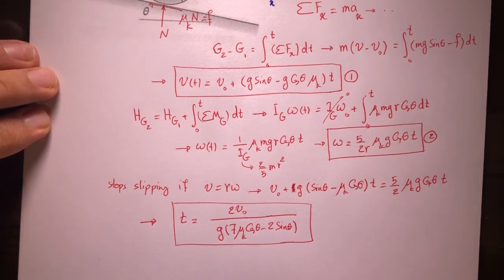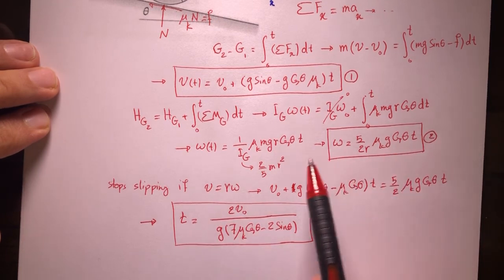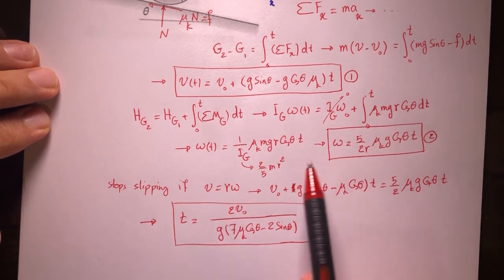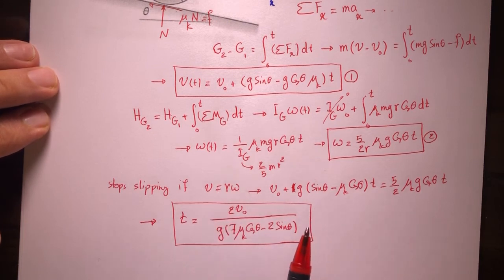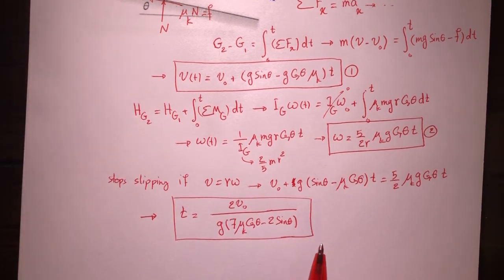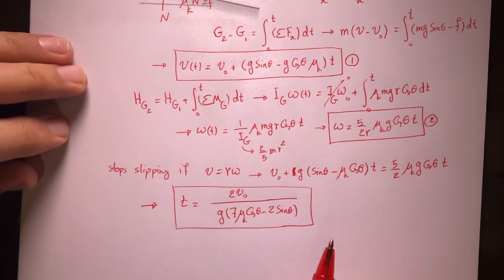And to find the velocity at that moment, after finding t, we can put it here to find omega. Then after finding omega, we can find the velocity as well. Those are simple things that we can do.